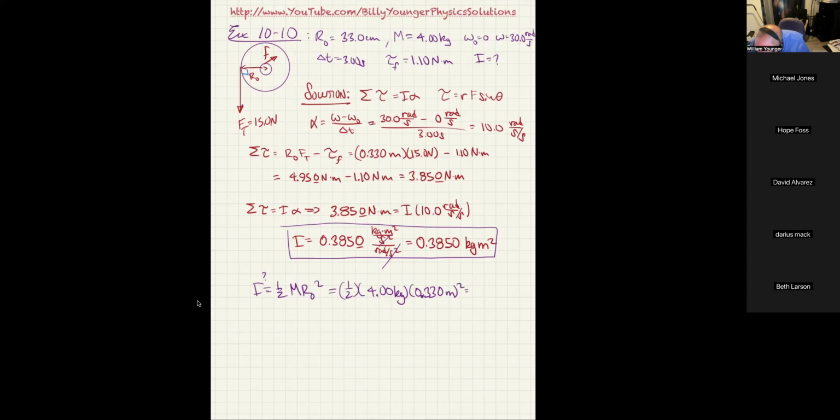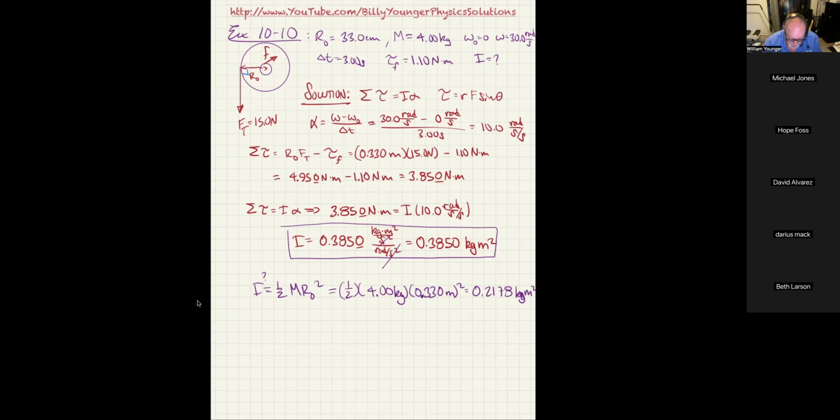So 0.5 times 4 times 0.33 squared gives me 0.2178 kilograms meters squared.